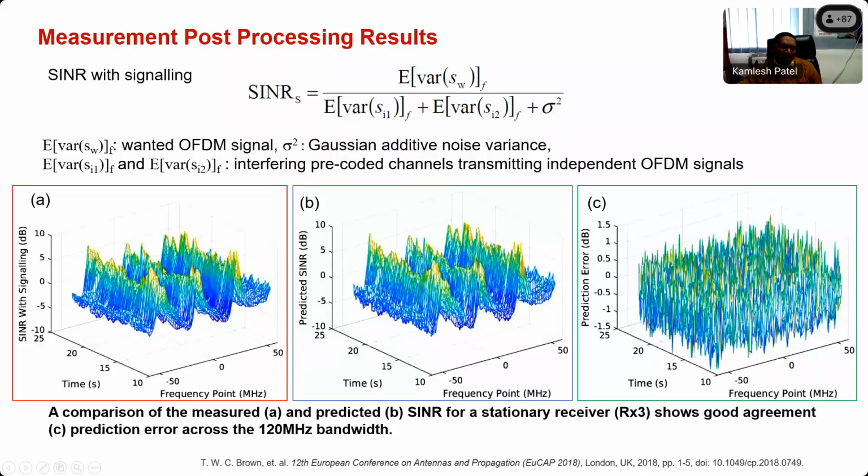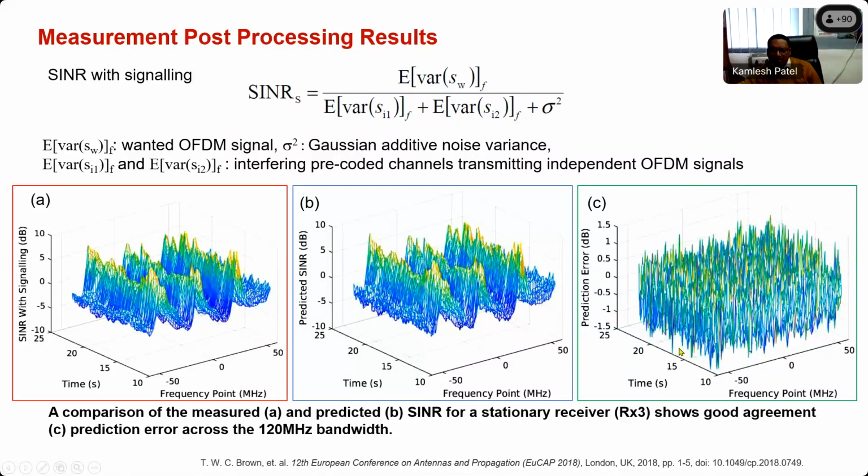When they checked the SINR value, this is the measured data, and this is the predicted data. These two graphs look the same, but one comes from the measurement and the other from the prediction of the SINR. The difference between the two is around 0.5 to plus 5.